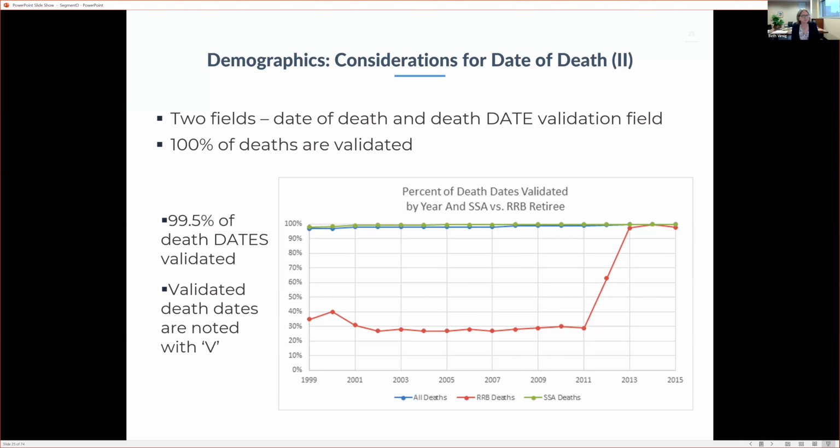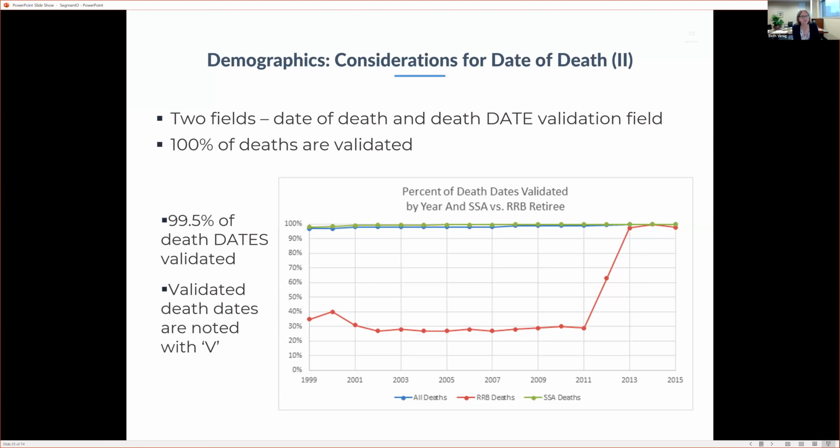You can see what was happening if you look at this graph. The red line is the Railroad Retirement Board. Before about 2011, the Railroad Retirement Board and Social Security weren't doing a great job communicating with each other, and about 30% of Railroad Retirement Board data were missing an exact date of death.